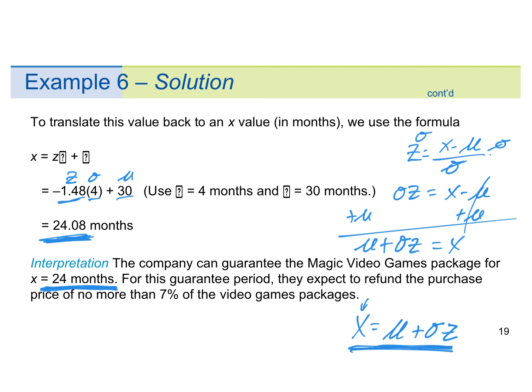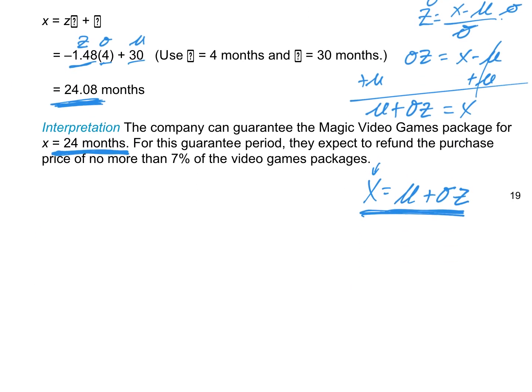So that's the end of 7.3. In a sense, with 7.3, we're going to have to use this formula here to find a z-score. And we're going to have to use this formula here if you are given a percentage which finds a z-score, and you have to find the raw data.